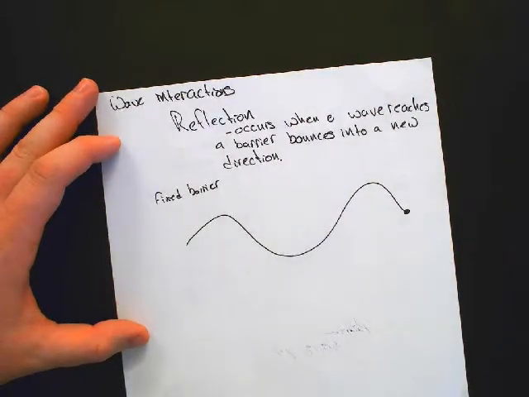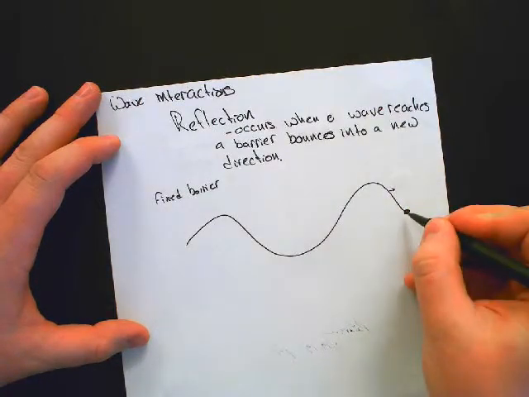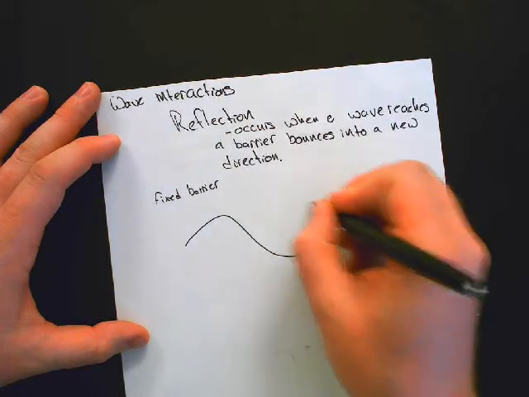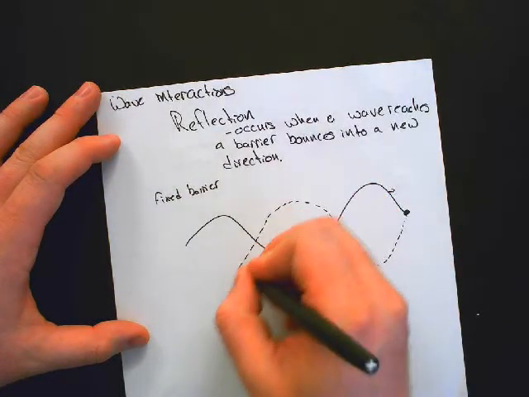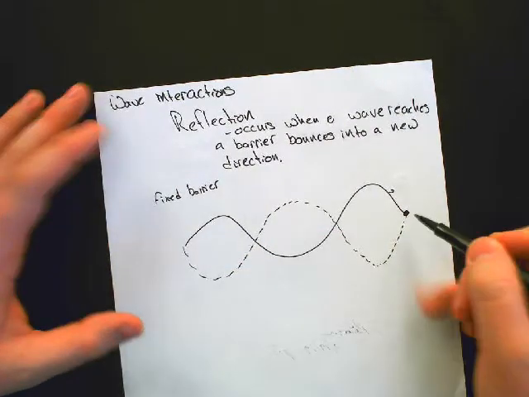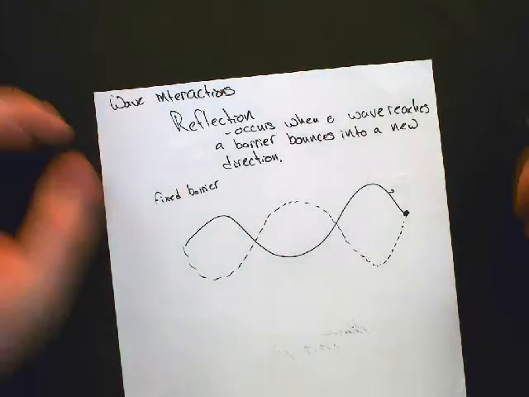It flipped over. So it inverted, or as Caroline was pointing out, it rotated 180 degrees, because the leading edge of the wave is still the leading edge of the wave. Okay, so as it reflects off a fixed barrier, the wave does invert from its original position.